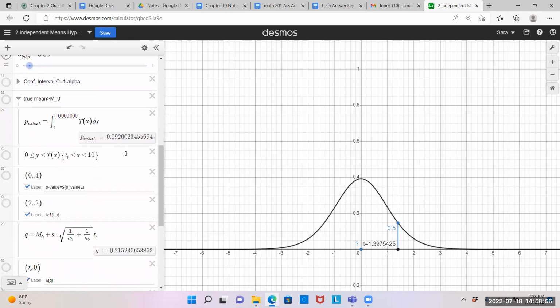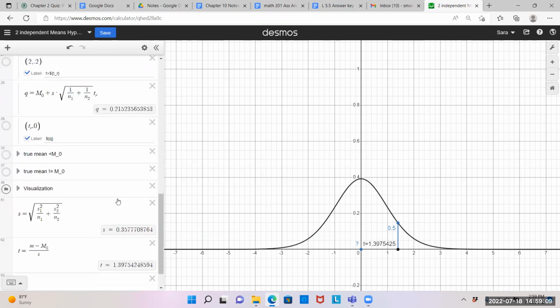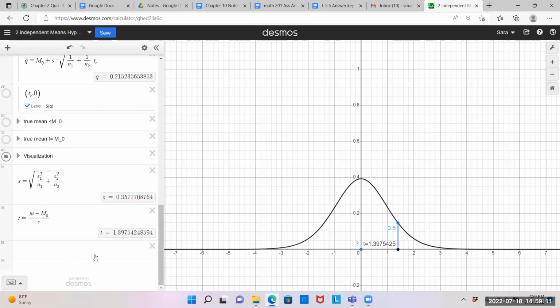And there's our p-value. So our p-value is 0.092. And the t-value for this setup is 1.3975.